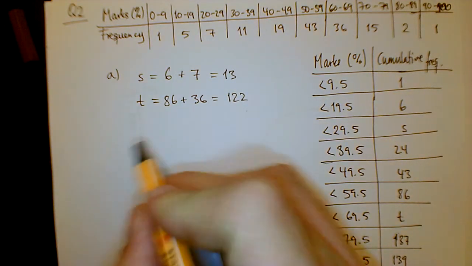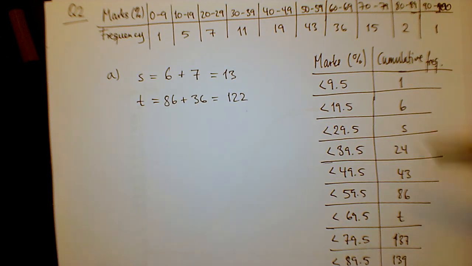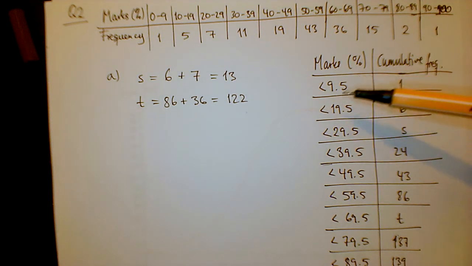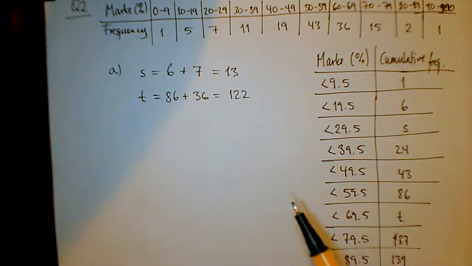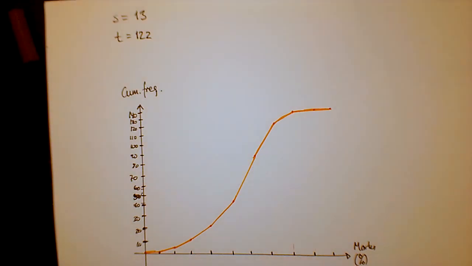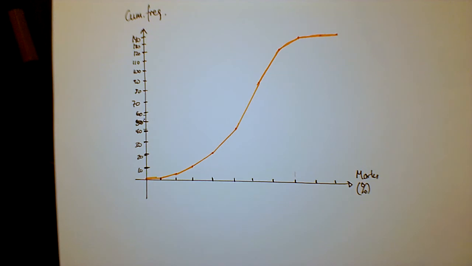Next, we are told to draw the cumulative frequency graph for these data. So what we do is that we have the group or marks here, and then we have the cumulative frequency. The result would be something along the lines of this. Sorry if the video stopped, I'm not 100% sure, but this is me without a ruler, so it's not as accurate.